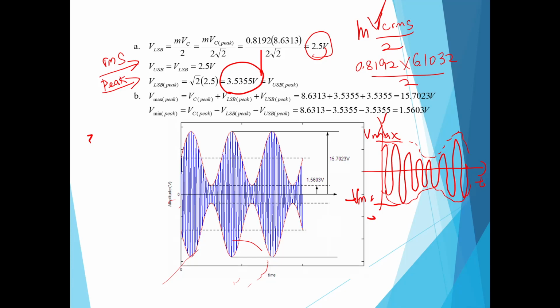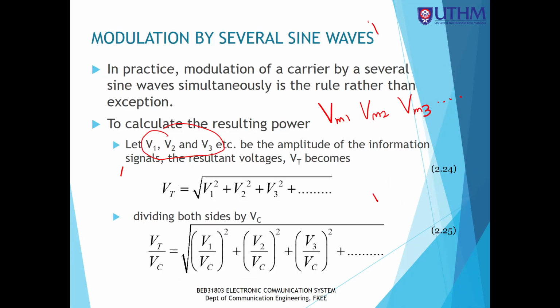The way we calculate the total modulation index, we need to divide each of these input message peak amplitudes over the carrier voltage. So VM1 over VC, VM2 over VC, VM3 over VC. Kita perlu buat quadratic summation.